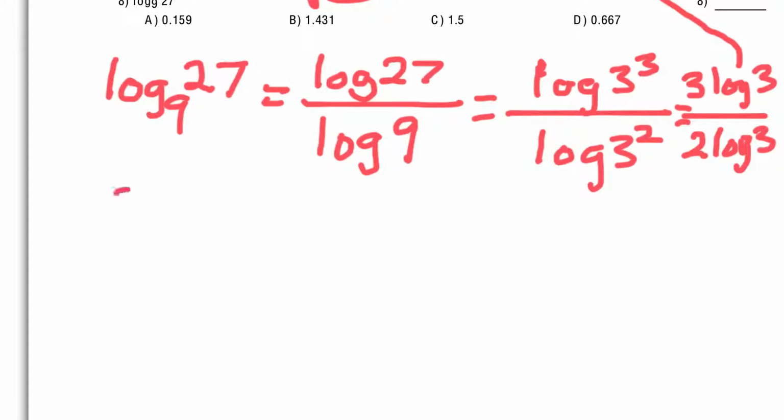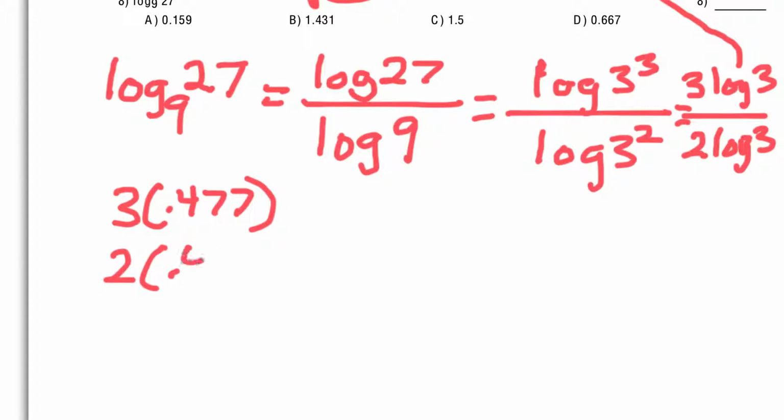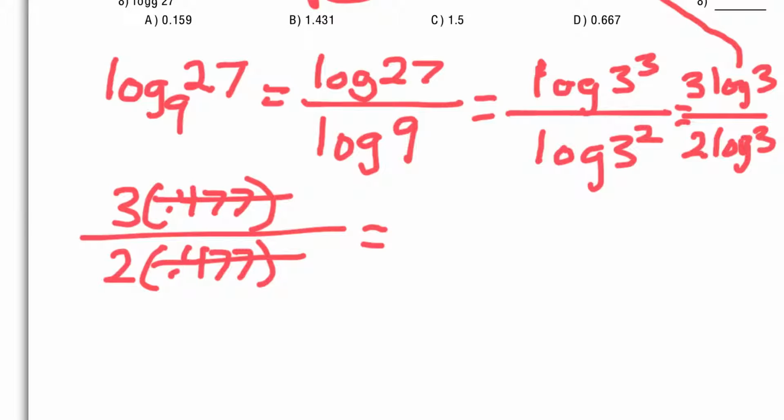And so we have the log of 3, so it would be 3 times 0.477. That's the log of 3. And then we have 2 times 0.477. But as you see, when we come to work this out, there's no point in multiplying these out because we can just cross-cancel those two.